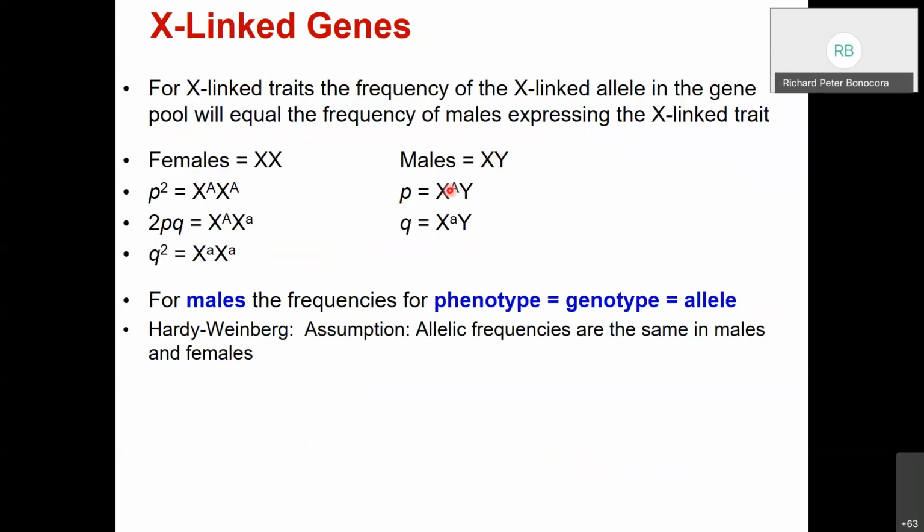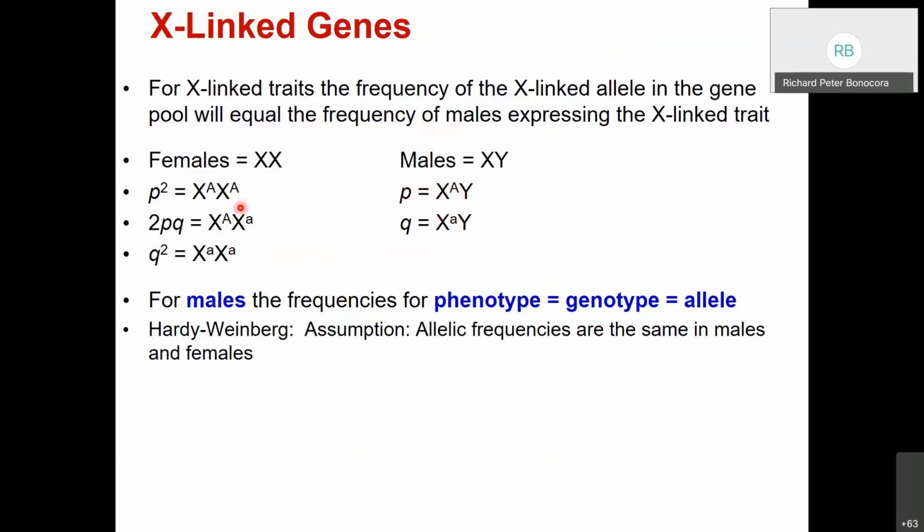So those with the dominant phenotype are going to have the capital A allele. Those with the recessive will have the lowercase allele, and the frequency that we see for the males with a particular phenotype is going to equal their genotype, because we know what that is, which will equal the allele frequency.